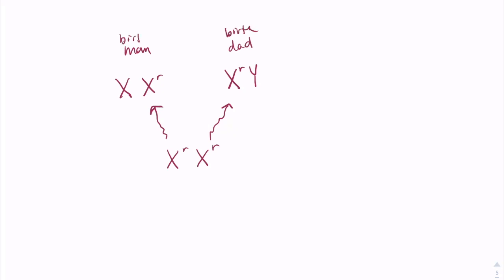So for females with X-linked disorders, we know that their birth father had to have the disorder as well. For females with red-green color blindness, we know that their birth father had to have red-green color blindness as well.